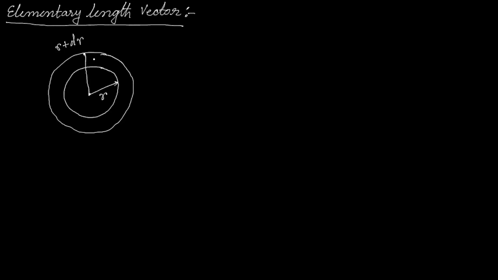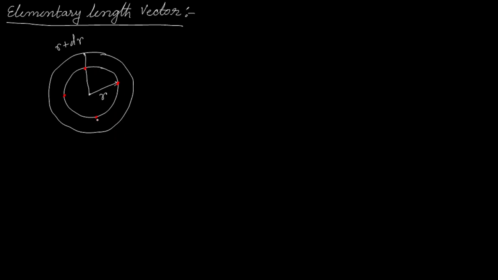So now if we want to increase the value of r, we can increase step by step, and the smallest possible increment is represented by dr. Now the question says, let's say you are at any point on the inner circle.